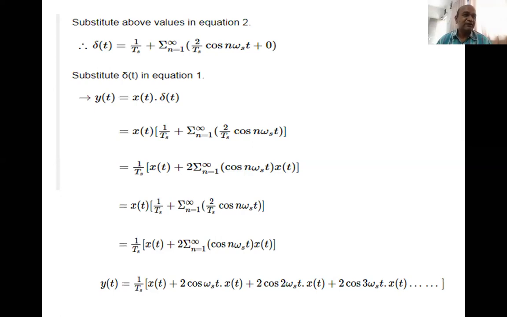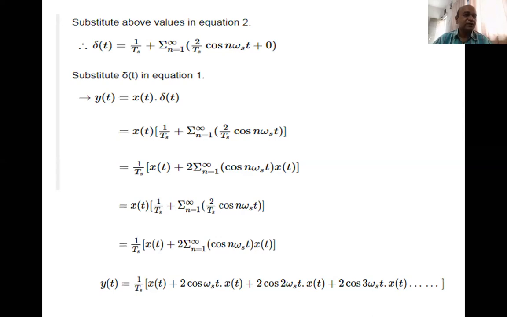Now we take x of t common from both terms, so x of t will be out of the bracket: x of t in bracket 1 upon Ts plus summation of n equal to 1 to infinity, in bracket, 2 upon Ts cos(n omega s t).